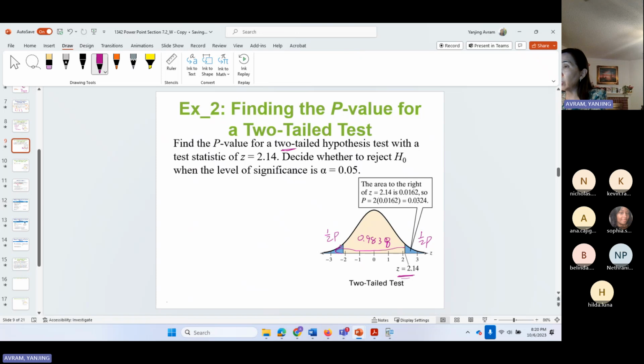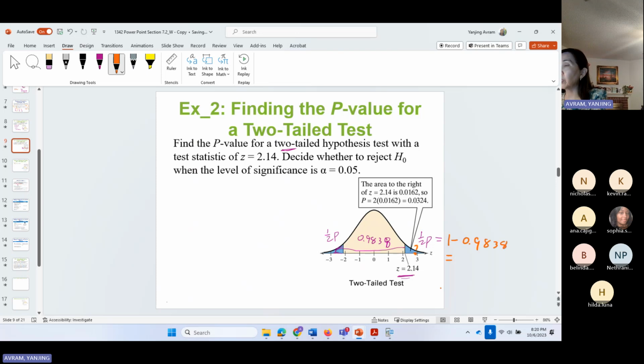And how much is my area to the right? This area to the right is the tiny tail, which is half of the p. This tiny tail will be 1 minus the area to the left.